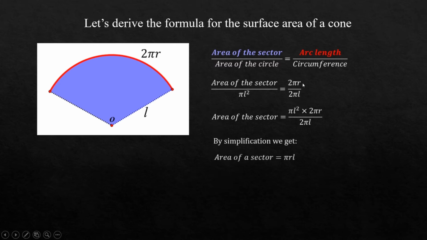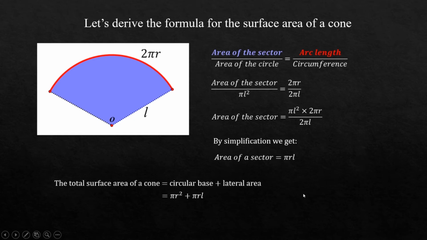When we simplify, we end up with the area of the sector being pi r L. The pi will cancel, L squared and L will cancel, the 2 will cancel, so we get pi r L. The total surface area of a cone is the base area, which is pi r squared from the previous slide, plus this curved area in purple, which is pi r L. That's your formula for the total surface area of a cone.